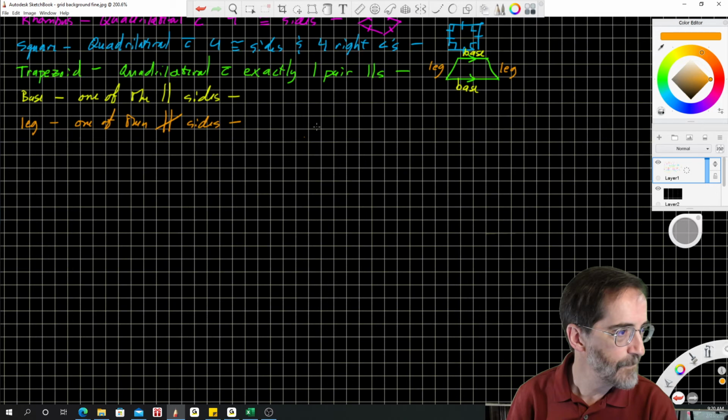Let's do mid-segment of a trapezoid. Mid-segment, particularly in regards to a trapezoid. It's a segment, and we can have a mid-segment of a triangle too, connecting the midpoint of the legs.